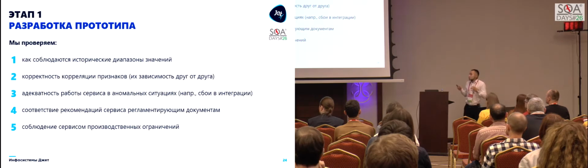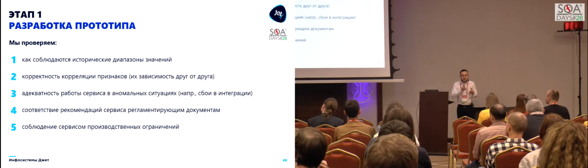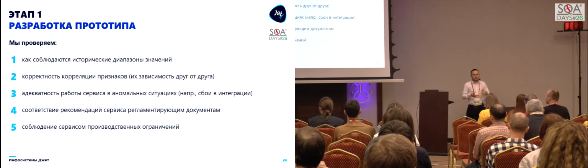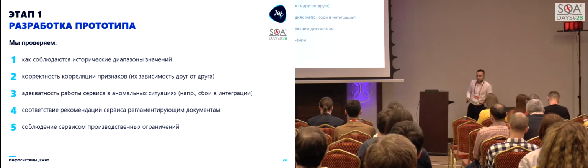Almost always in such industries, they have a huge number of regulating documents, some kind of internal quality standards, technological charts and instructions, and the curious thing is that each recommendation issued by our service must be fully in line with each one of those documents. Otherwise, the standard will be violated. If the standard is violated, then there will be poor quality product, it will be rejected, and it will spell losses for the company.